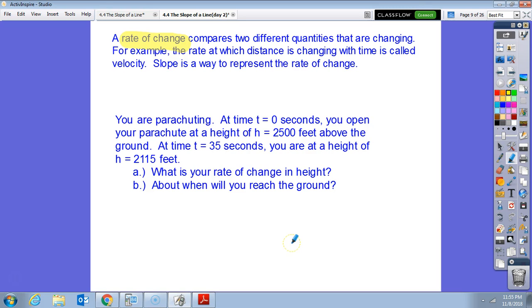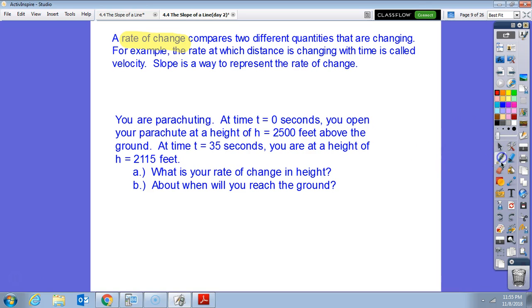A rate of change compares 2 different quantities that are changing. An example is the rate at which distance is changing with time. That's called velocity. You have feet per second. Slope is a way to represent the rate of change. Even in real life problems, you can set up your 2 points and find your slope.